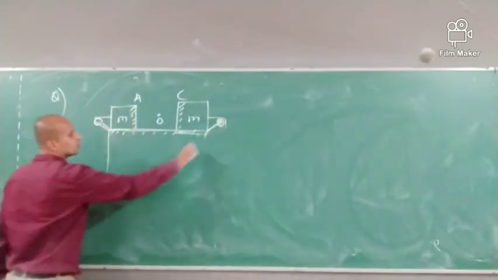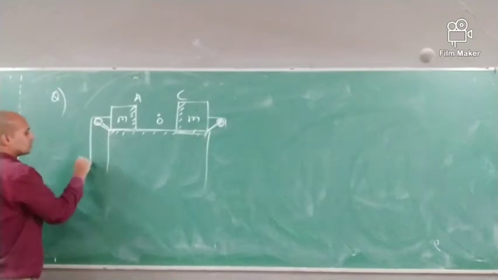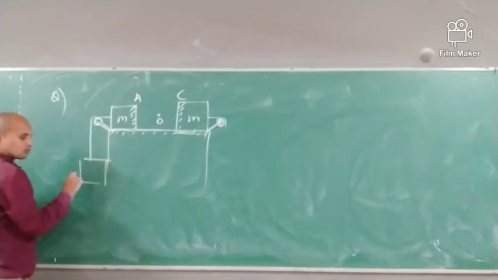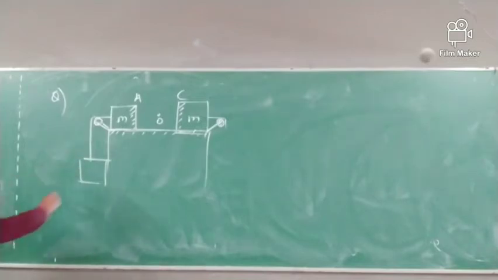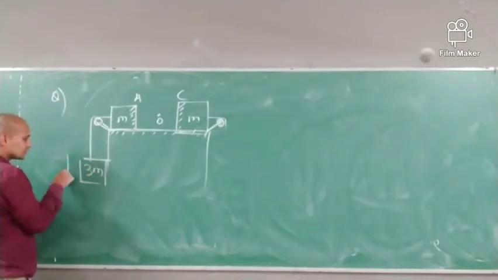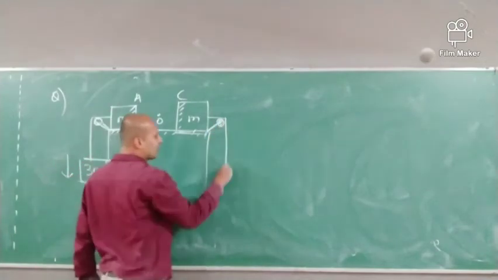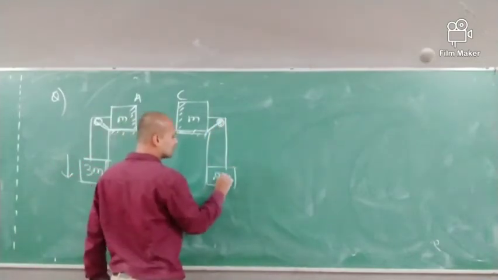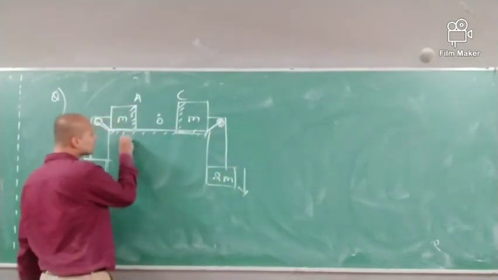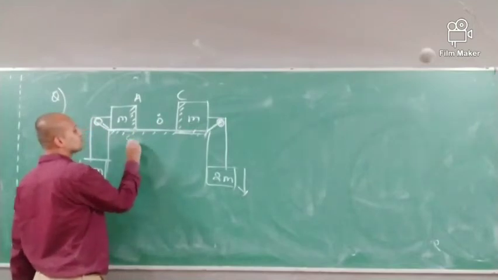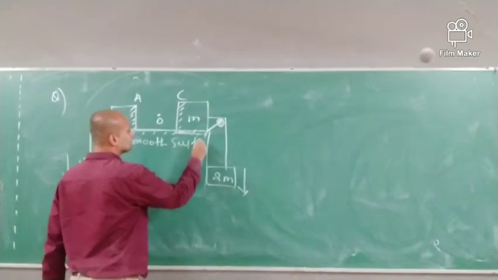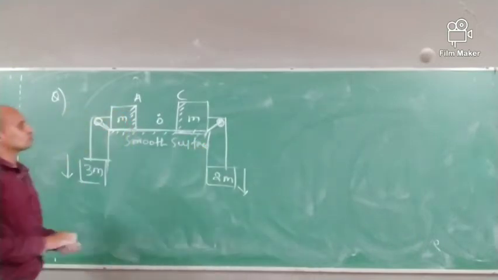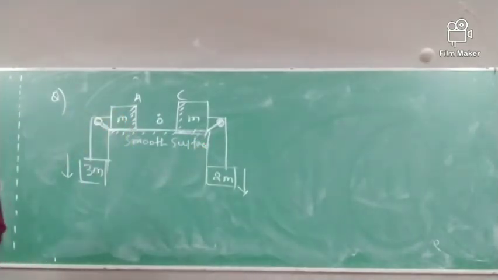Now this one has mass 3m hanging downward, and the other has mass 2m hanging downward. The surface is smooth.